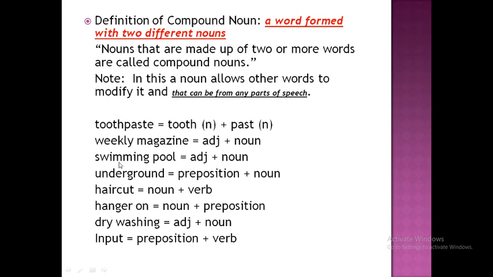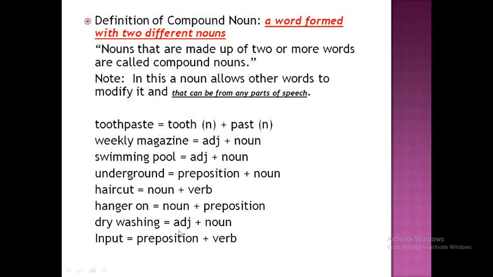The same is written here, swimming pool. Swimming is an adjective and pool is a noun. When we add both the words, swimming pool refers to something in which we swim. The next examples: underground, preposition and noun. Haircut, noun and verb. Hanger on, noun and preposition.